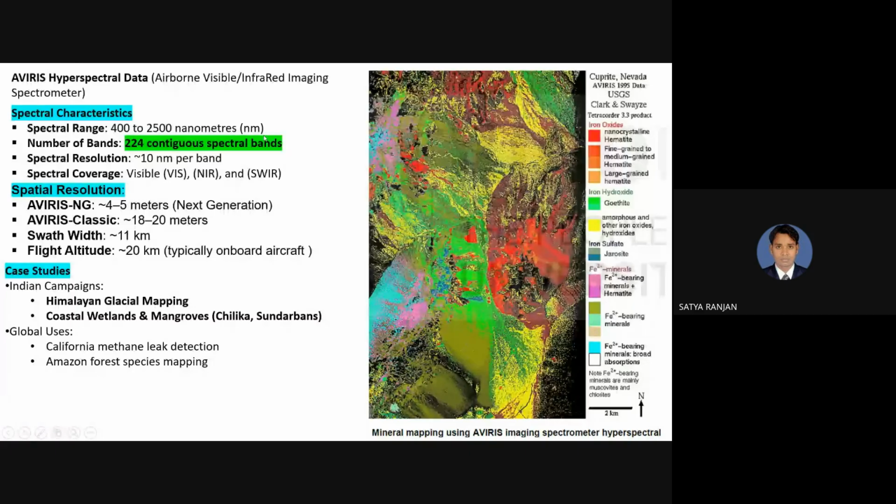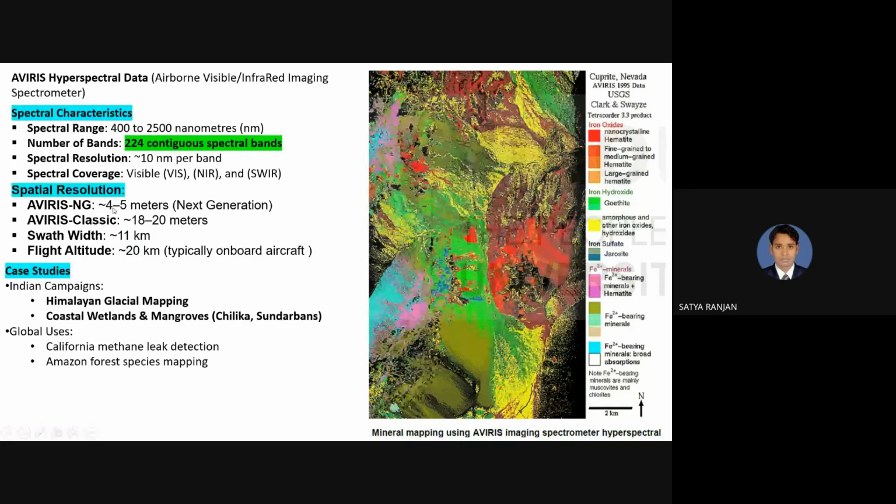224 spectral bands come, but generally the bands we use are 3 to 4 bands, but the AVIRIS data has 224 spectral bands, and spectral resolution is 10 nanometer per band, and spectral coverage is visible, near infrared and short wave infrared. And spatial resolution is very high as compared to the others.